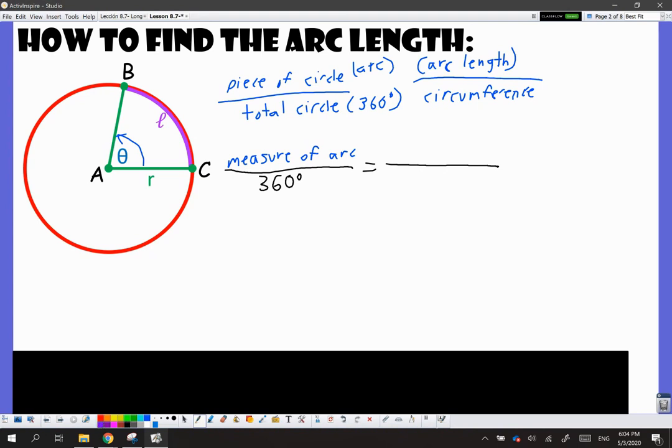Now my arc length, I have it in purple, so I'm going to write it in purple here. So I have the arc length and the circumference. You see I have the circle in red, so I'm going to write that in red. And I misspelled circumference.